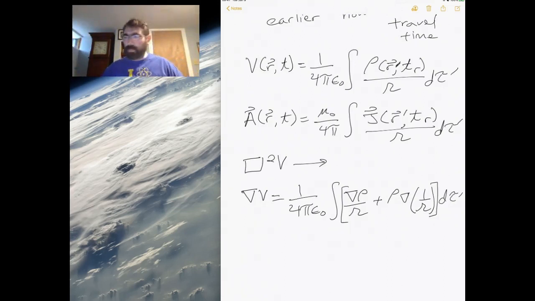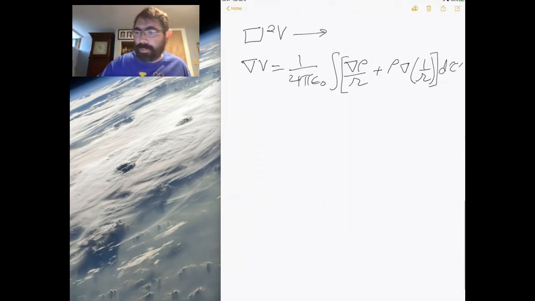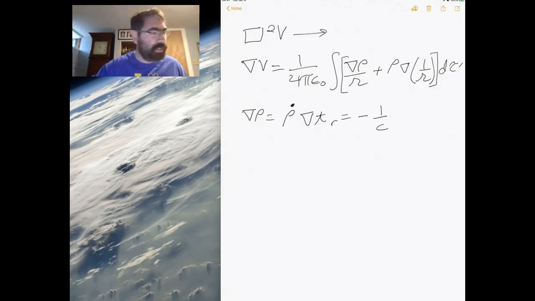Okay, so let's take a look at those pieces. The gradient of the charge distribution is the derivative of the charge distribution times the gradient of the retarded time, which I can now rewrite as minus 1 over c rho dot, the gradient of the distance r.